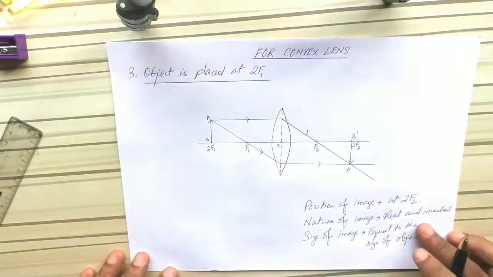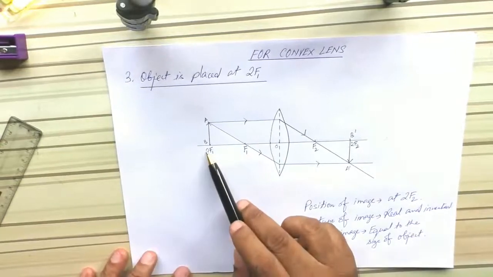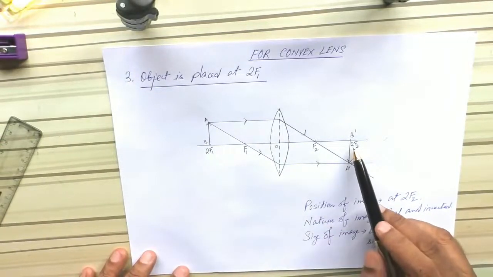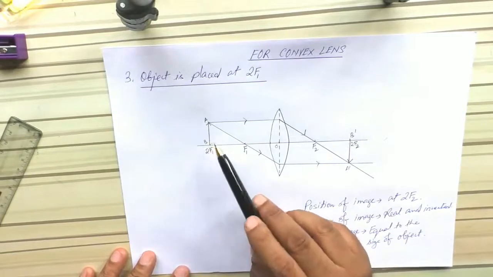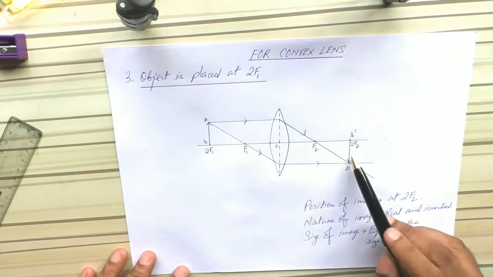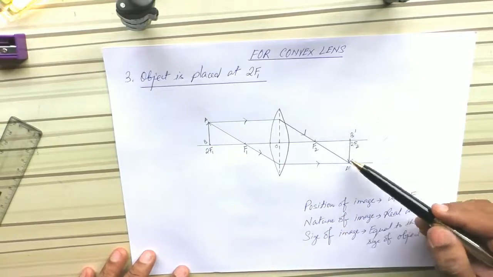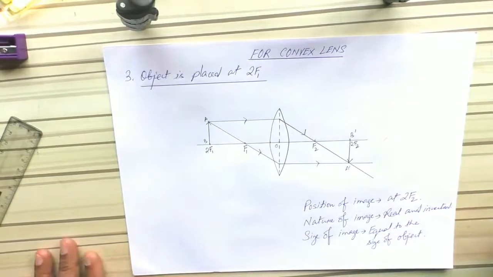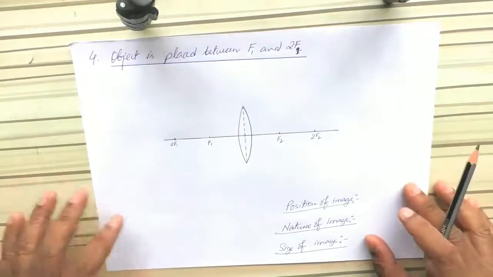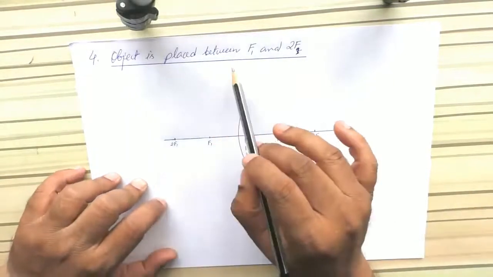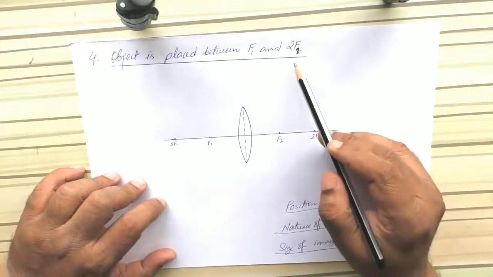So this is very important diagram where object is placed at center of curvature, image is also formed at center of curvature, size of the image, object is equal to the size of the image, and the image is real and inverted.